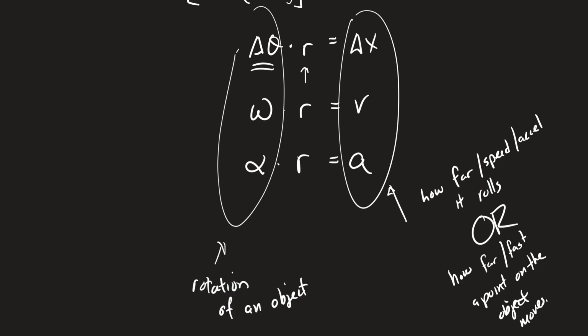I wrote it fast. It's either how far something rolls if it's rolling, or it's how far a point on the object moves, or how fast a point on the object is moving. But these have to be in radians. If they're not in radians, this doesn't work. This is how we move from something angular to something linear.